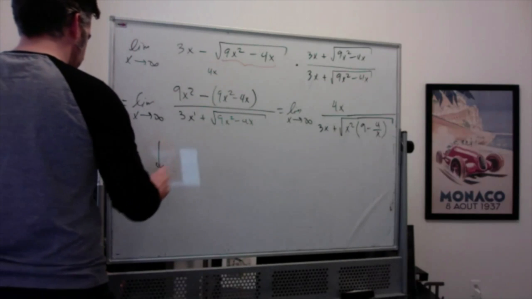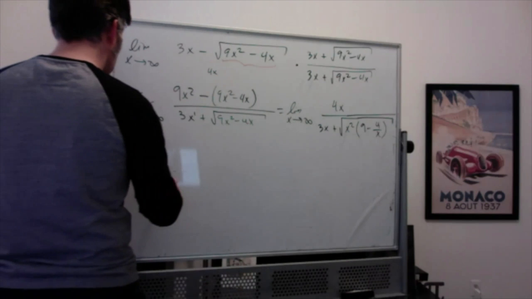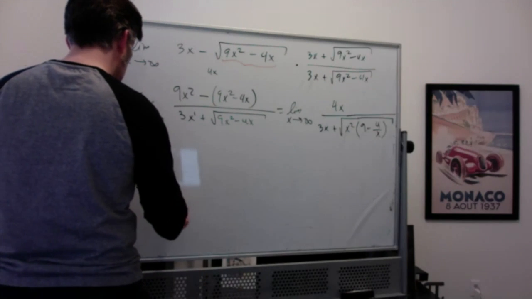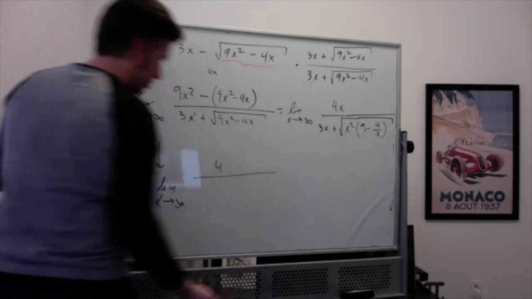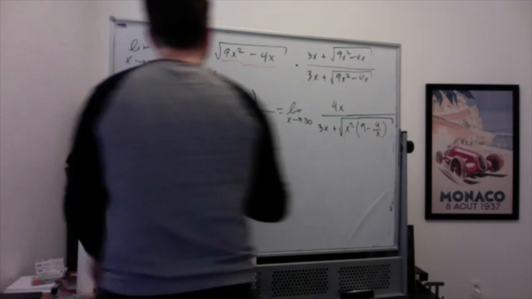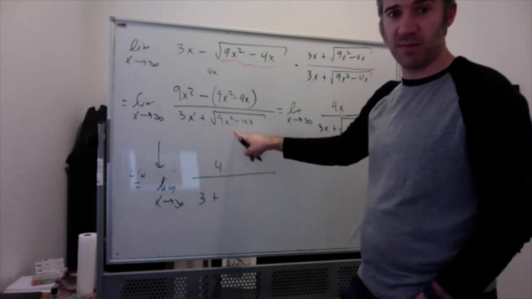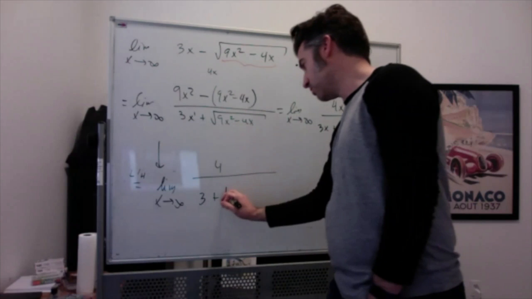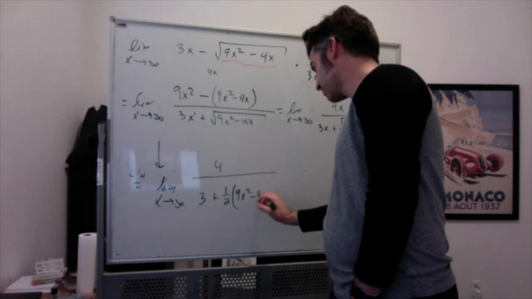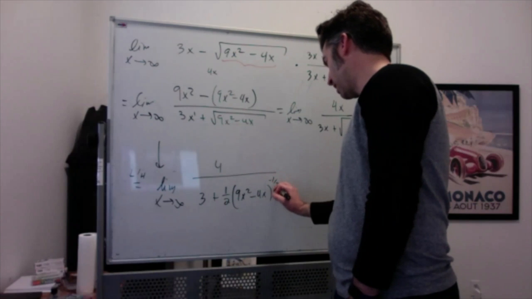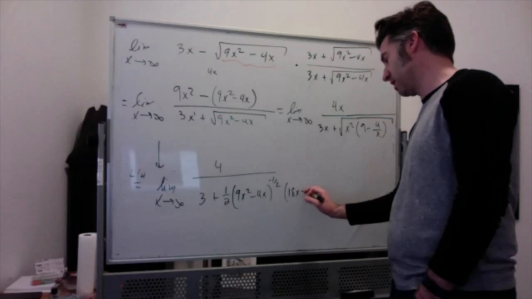So if I use L'Hopital's rule here, I'm not convinced it's going to work. Let's see. Using L'Hopital's rule, the derivative of the top is just 4. The derivative of the bottom is going to be 3 plus the derivative of some stuff to the 1/2, which is 1/2 times my stuff to the negative 1/2 times the derivative of my stuff, which is 18x minus 4.